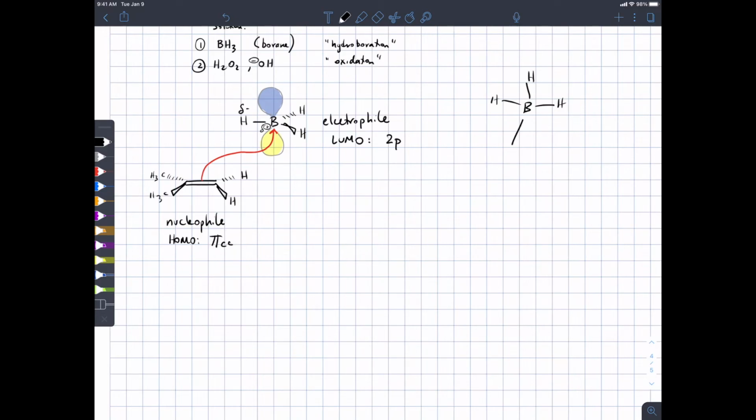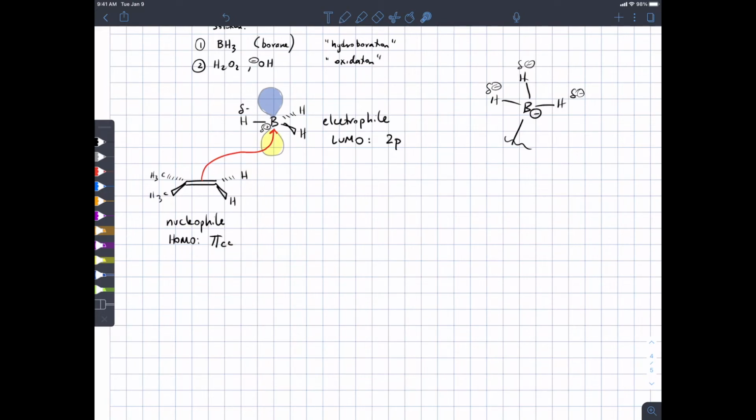If boron's attached to 4 things, it has a formal negative charge on the boron. But we know that boron is less electronegative than hydrogen, so probably a lot of that formal negative charge is actually out on the hydrogens.